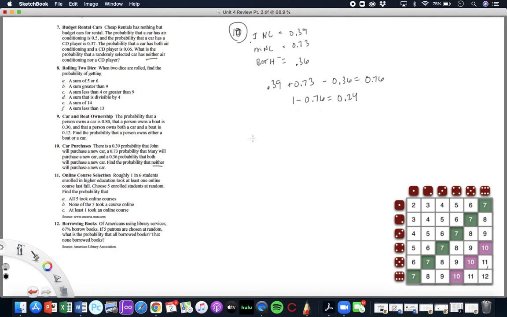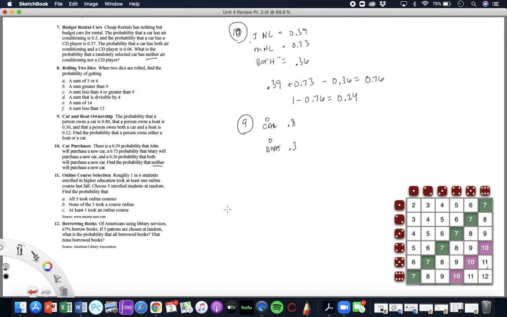All right, so number 9 here. Okay, so probability that a person owns a car is 0.8. Probably why I got mixed up. Car is 0.8, own. All right, the probability that a person owns a boat is 0.3, so boat 0.3. And right away I'm like, okay, that's 1.1.